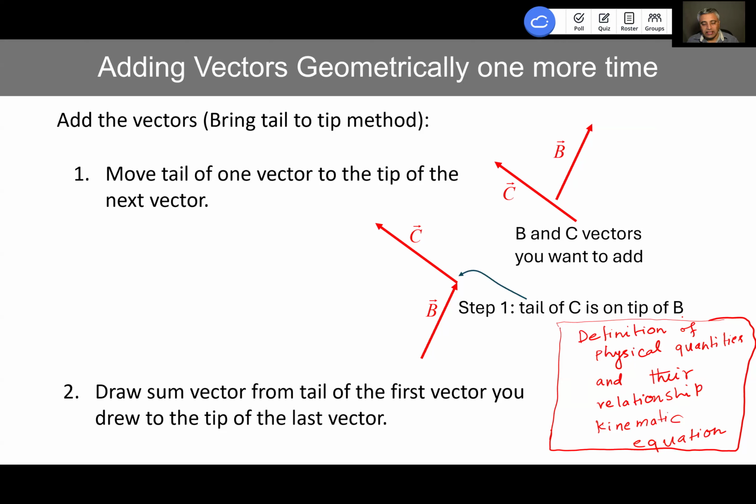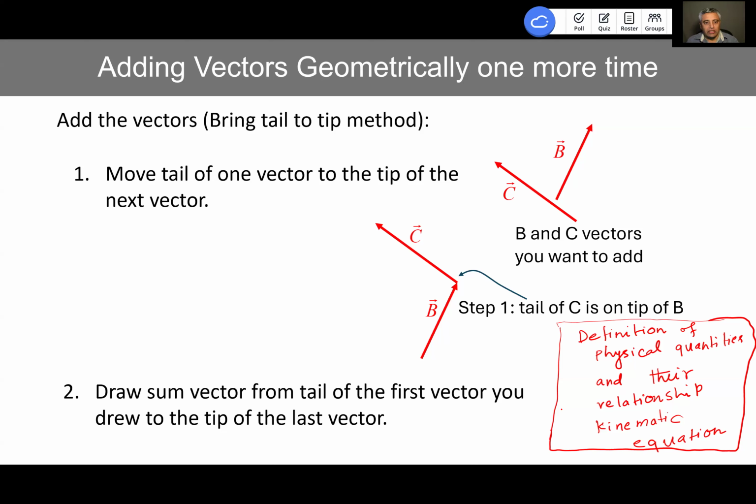So far in this class, we learned about definition of physical quantities like position, displacement, velocity, acceleration, and we learned about the relationship between them. Okay. So those relationships are called kinematics.